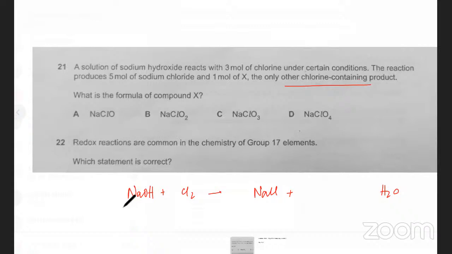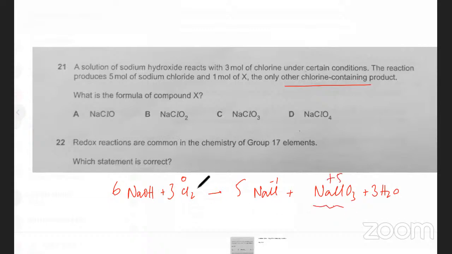They've said that there's 3 moles of chlorine and 5 moles of NaCl that is produced. It's going to be NaClO3, because Cl is 0 and Cl is -1. You should remember this equation, or if you don't, the equation will only get balanced if it's NaClO3.